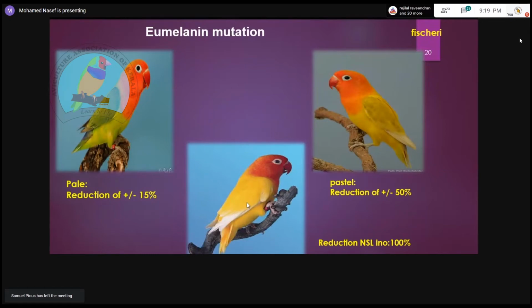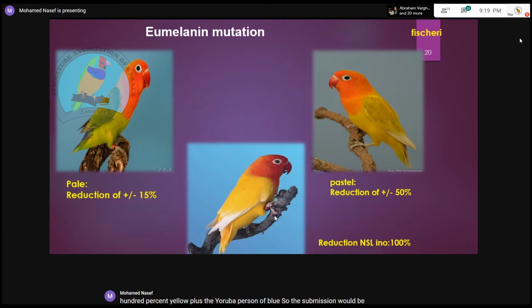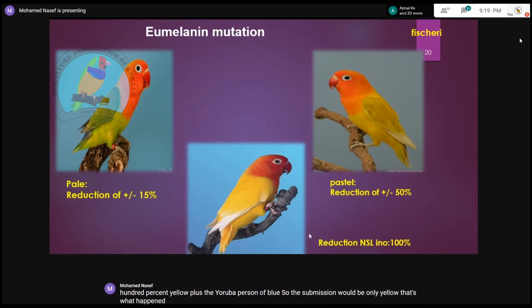100% yellow plus 0% of blue. So the summation will be only yellow. That's what happened in Ino, in eye rings.